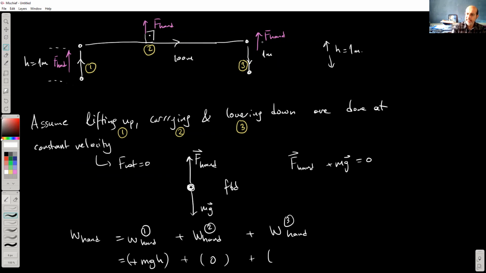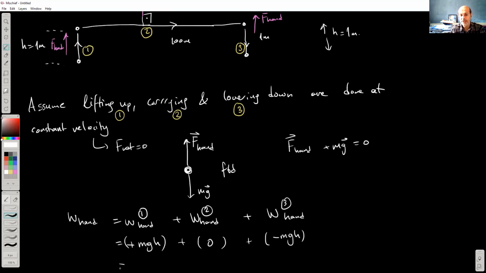Finally, when I'm lowering down, the force is upward, but the displacement is downward. So therefore the work done is minus mgh, sorry. And so that means the total work done by the hand is equal to 0, which means I don't do any work.